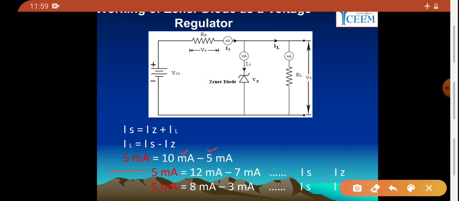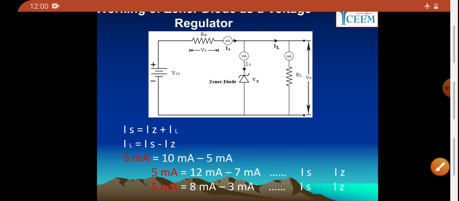Now we want to keep this IL constant. So when Is increases from 10 to 12 milliampere, Iz should increase by the same amount to keep the IL constant at 5 milliampere. So that 12 minus 7 will again be equal to 5 milliampere.